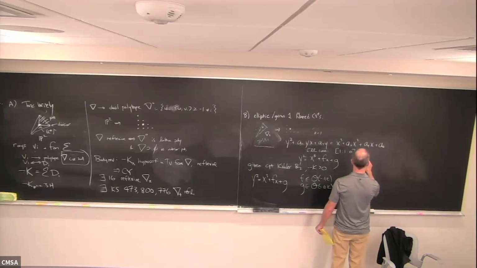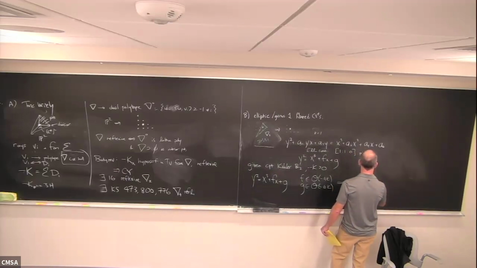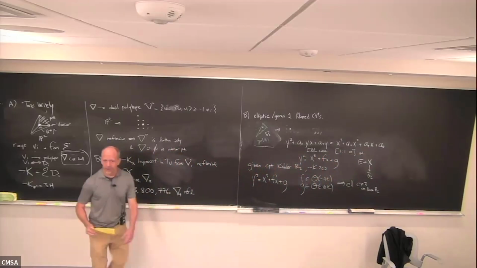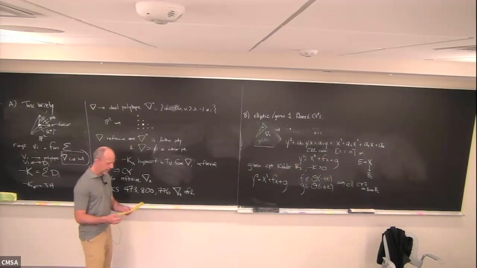So now we have an elliptic curve, we have x, we have B2, and this Weierstrass model gives us an elliptically fibered Calabi-Yau.